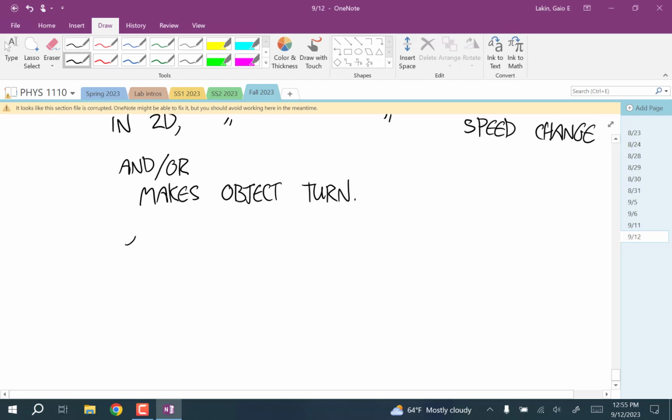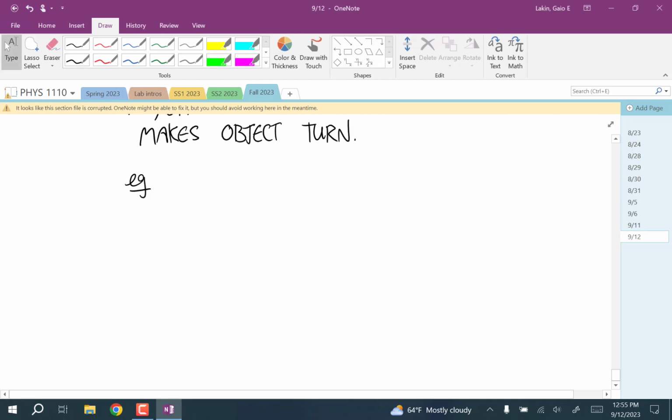And to think about how this works, in space movies, they always show astronauts training on these things where they sit in a chair and spin around.